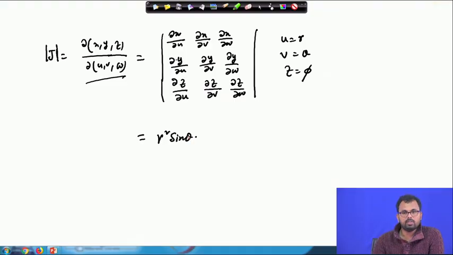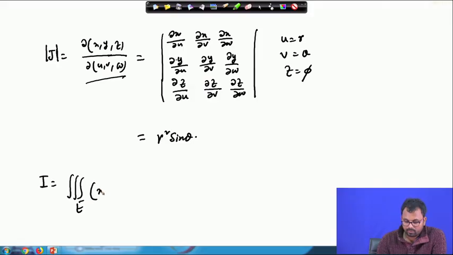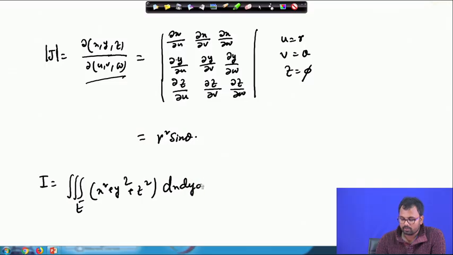So, we obtain r square sin theta, and therefore I can write my integral I over the region E of x square plus y square plus z square dx dy dz.